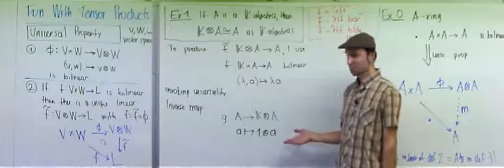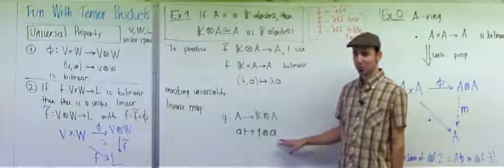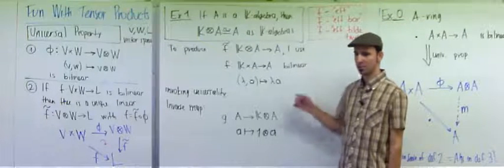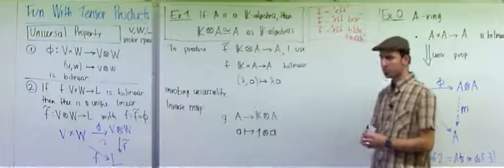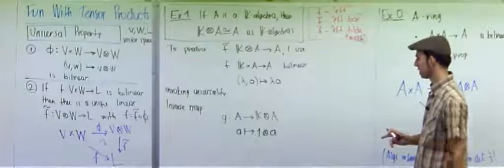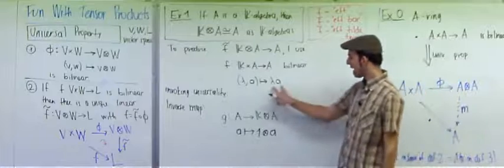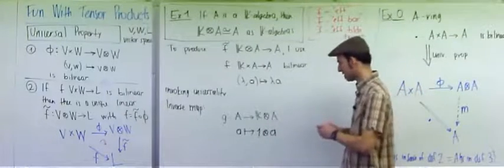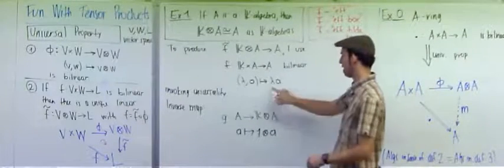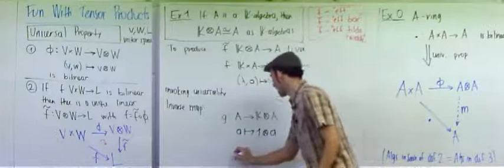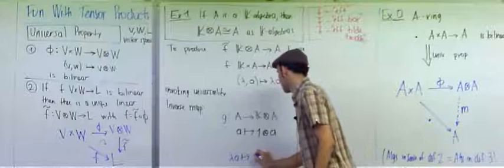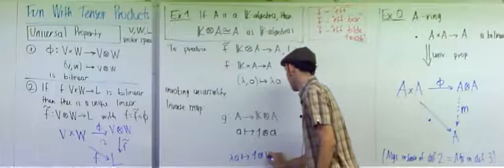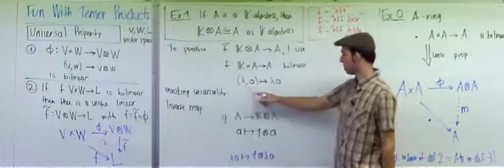I guess the question is, is this really the inverse? Because they look a little bit different. So the thing is that if you had lambda A here, that's going to 1 tensor lambda A, which doesn't look like it's this.